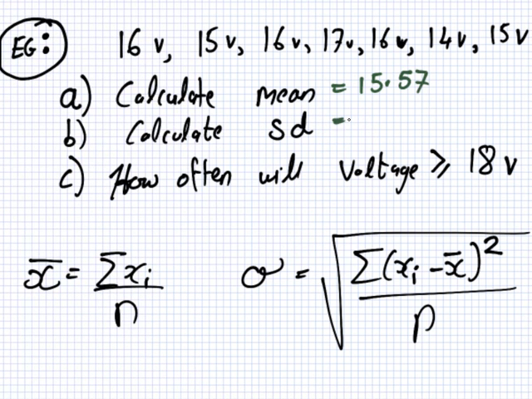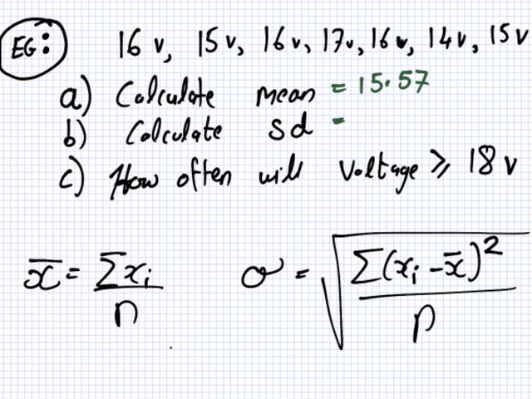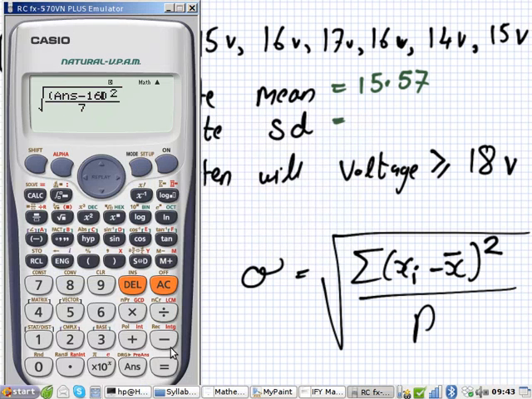Okay, now we've got to watch the standard deviation carefully. So it's square root of a fraction, and on the bottom is 7. On the top we have a square: the first one is 16 minus the answer, plus 15 minus the answer, squared.